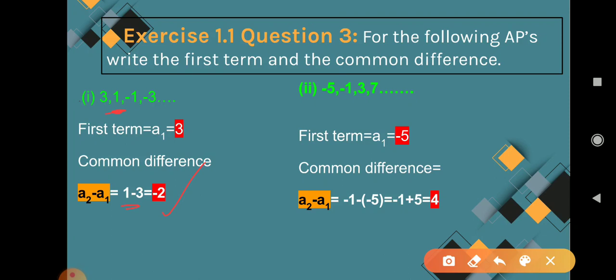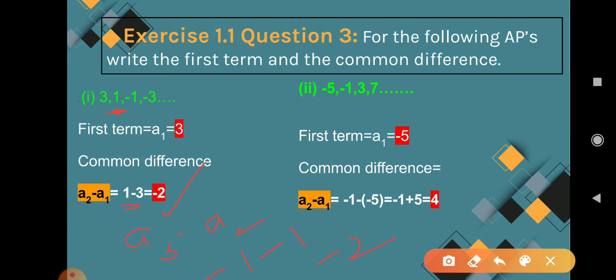Either you can go for A3 minus A2 also. A3 is minus 1, minus of A2, which is 1, it is minus 2. Same, we got the common difference. Or you can go for A4 minus A3, that is minus 3 minus of minus 1. So minus 3 minus of minus 1 is plus 1, so minus 3 plus 1 is minus 2.